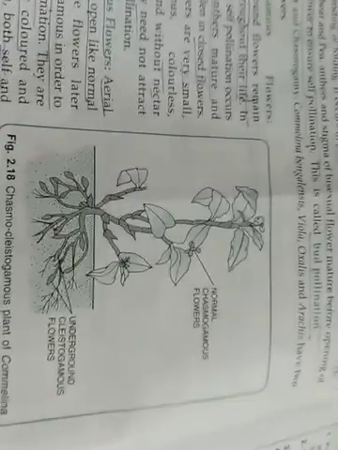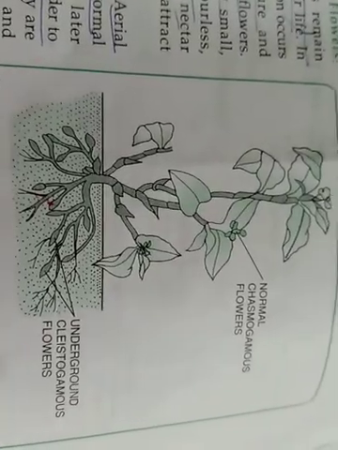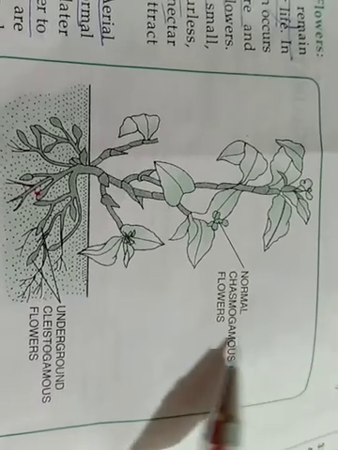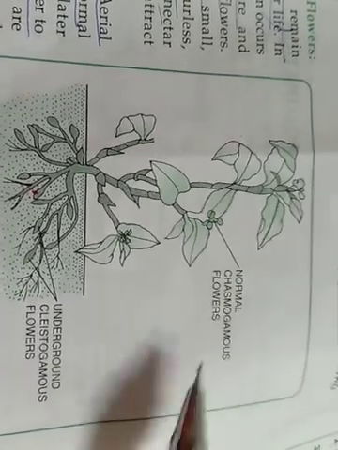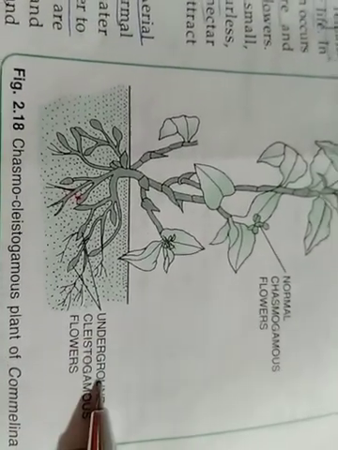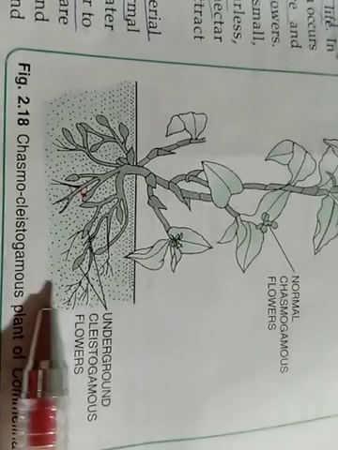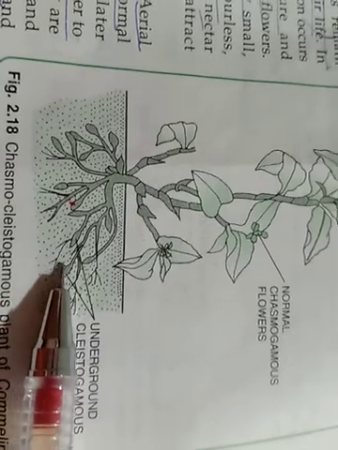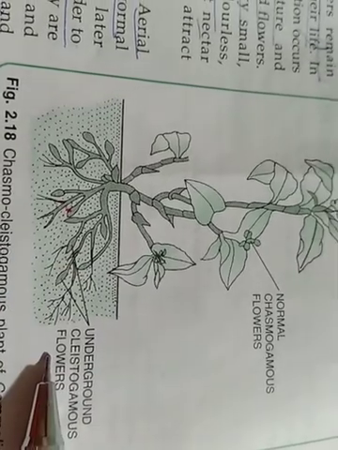Let me show you a picture of a plant here. This is a picture of a chasmocleistogamous plant of Commelina. You can see there are two types of flowers. At the shoot region, or the region above the ground, there are normal chasmogamous flowers, whereas the underground flowers are called cleistogamous. So what are cleistogamous flowers? Imagine, children, flowers which are born under the soil, and these remain closed throughout life. They never open.